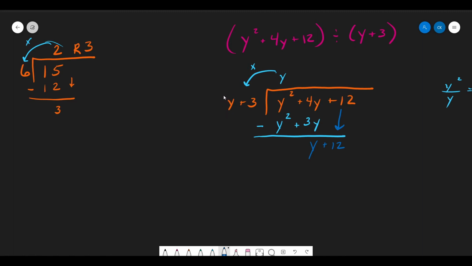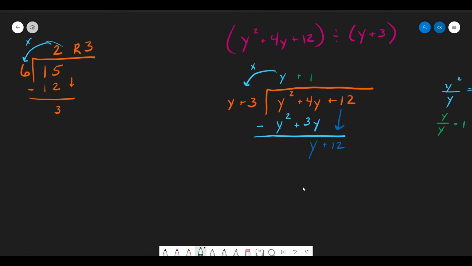Y times what will give me y? Or, like I said before, I could take these two terms and divide them. Y divided by y, that's 1. So up top, I'm going to put 1. Because it's a positive 1, I should put plus 1. If it was a negative 1, I would put minus 1.